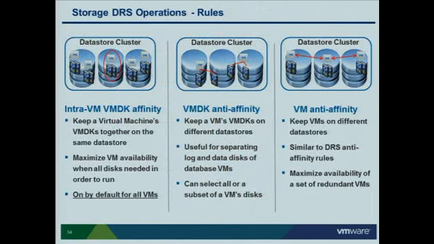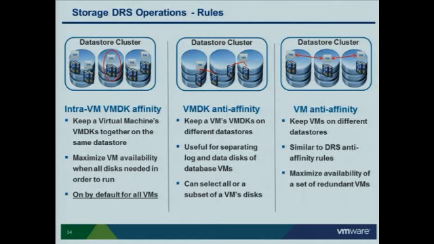All right, so this is just really recapping on the rules. If you've used the DRS feature, again, very similar concept, except this time we're dealing with the virtual machines on a data store level. So we have these selection of rules. We have the VMDK affinity rule, which is basically keeping the VMDKs together.